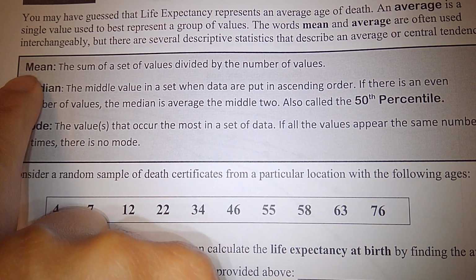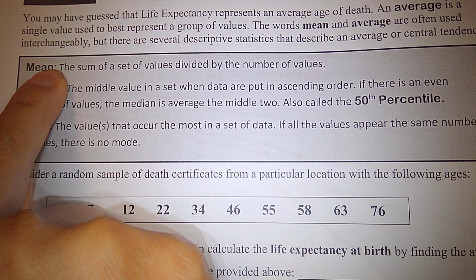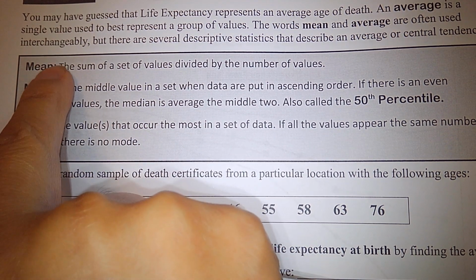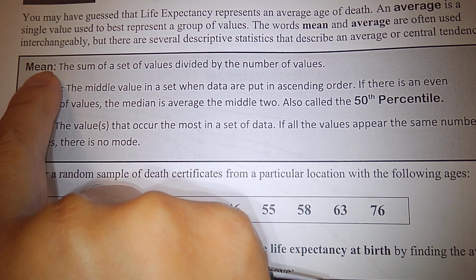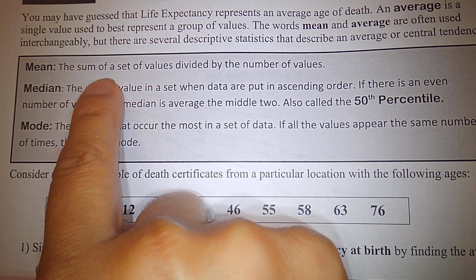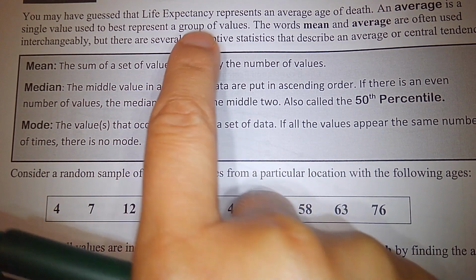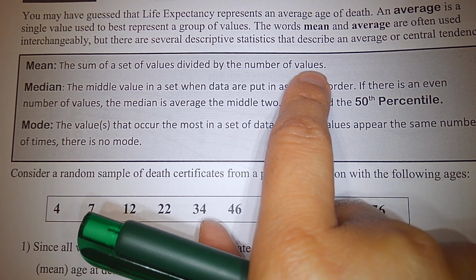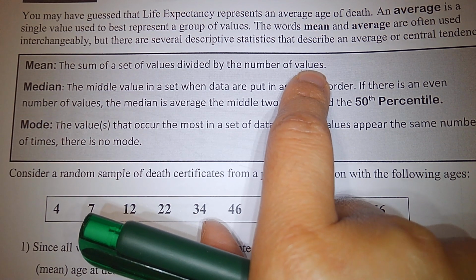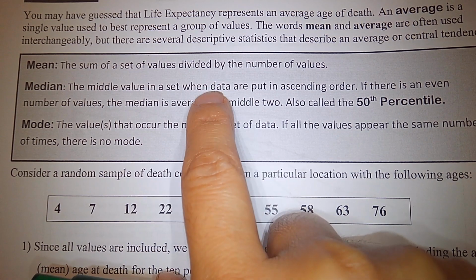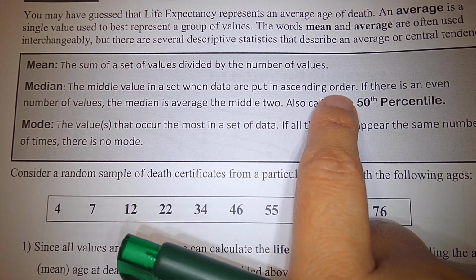For the mean of a list of numbers, how do we come up with the mean, or the average, of the list of data? Sum of the set of values divided by what? The total number of values. So this is the mean. Median: the middle value in a set when data are put in ascending order.